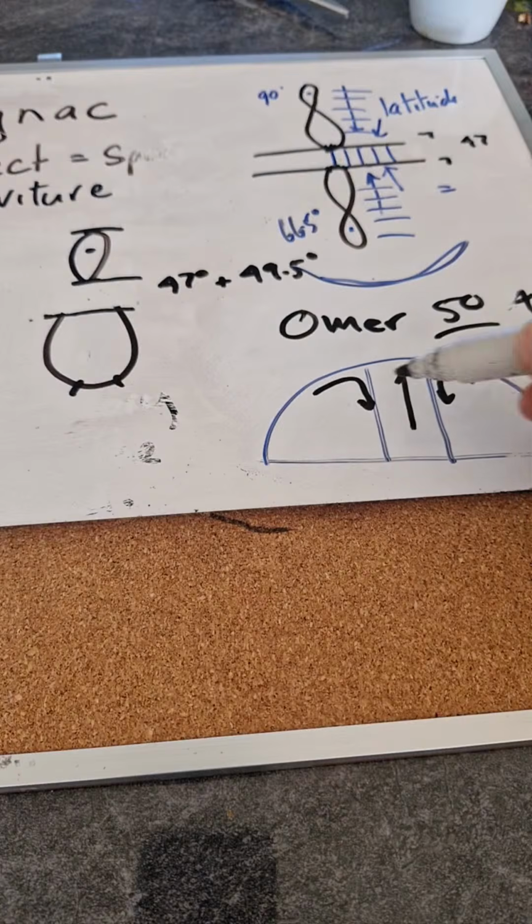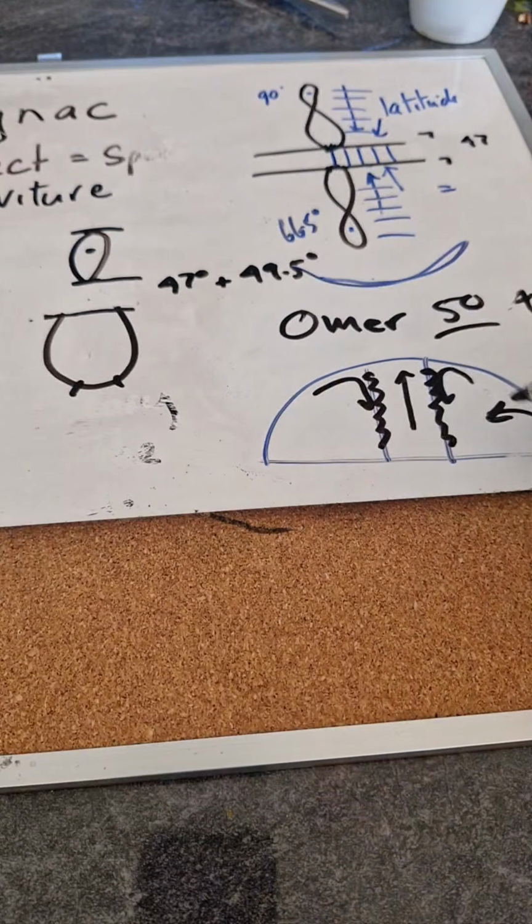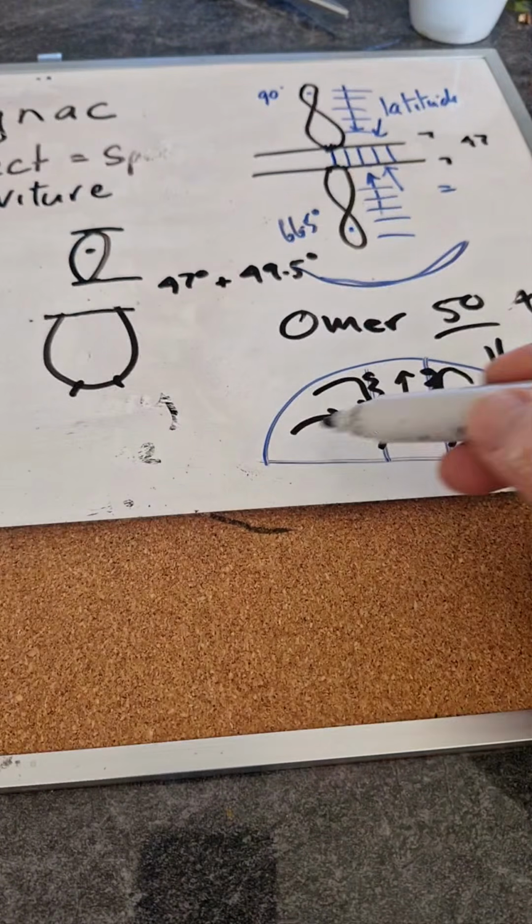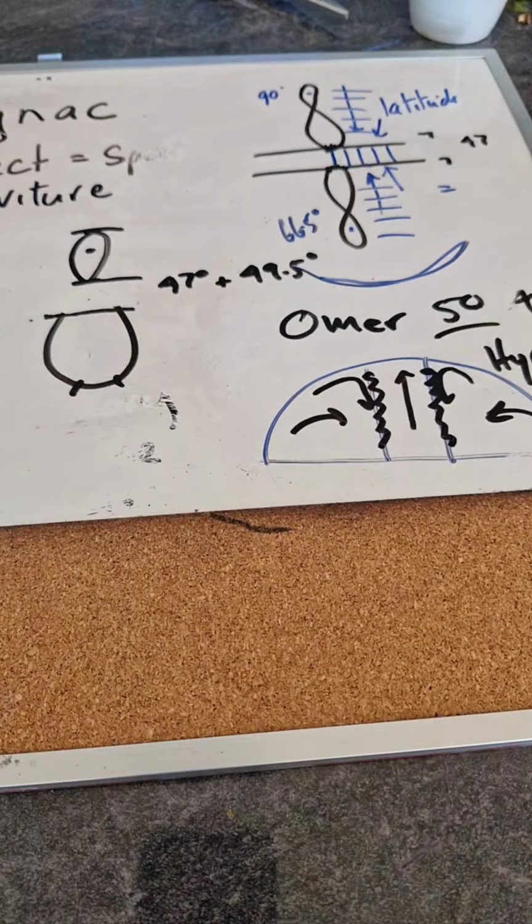This is high pressure. So you get the electrostatics here, the friction, which you call hydrostatics now, but it was hydrostatics from the high pressure Arctics.